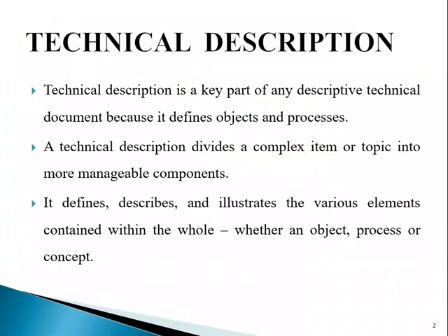This will make the readers understand how a particular object called mobile phone works, what its parts are and what should be done if it stops working or its performance goes down. So this is the general overview of technical description.